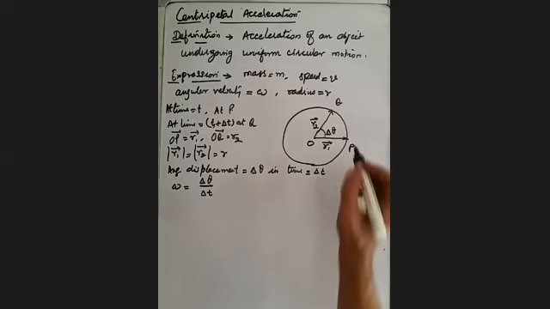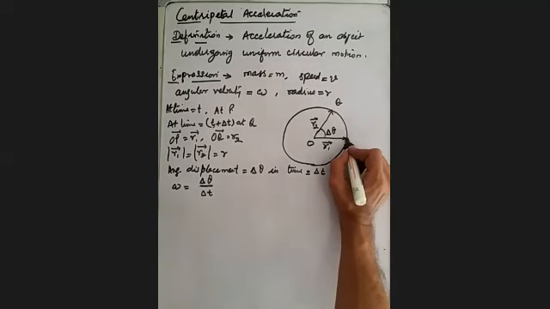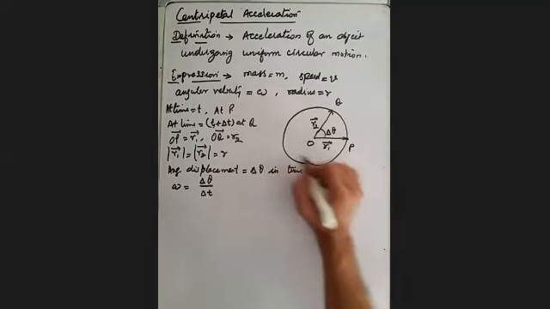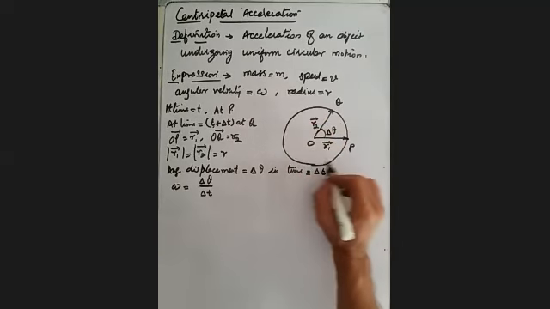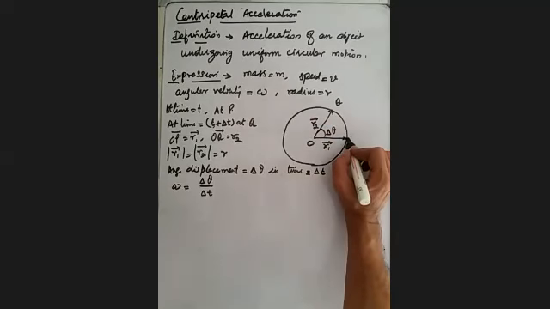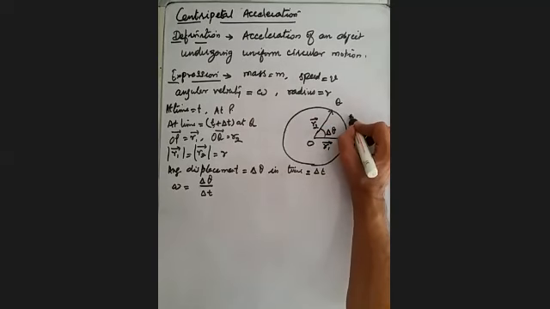Now we know the linear velocity at any point on the circular path of an object moving with a uniform speed is given by the tangent to that path at that point.